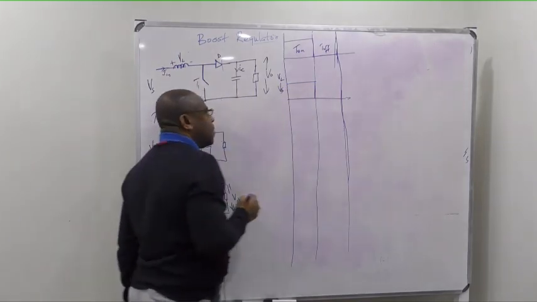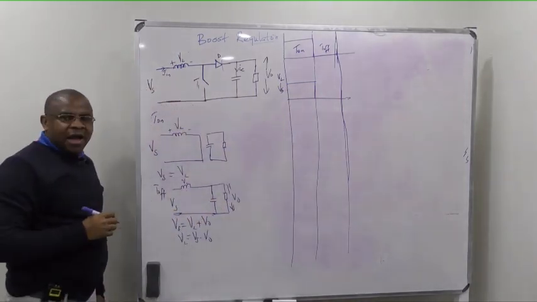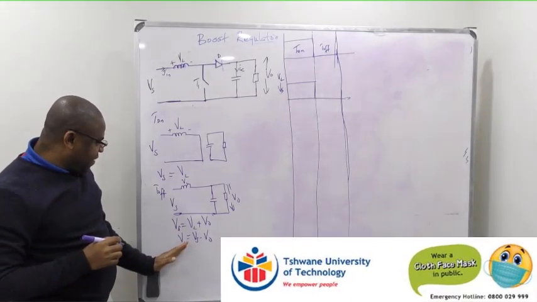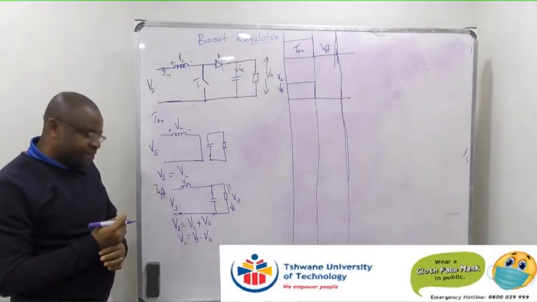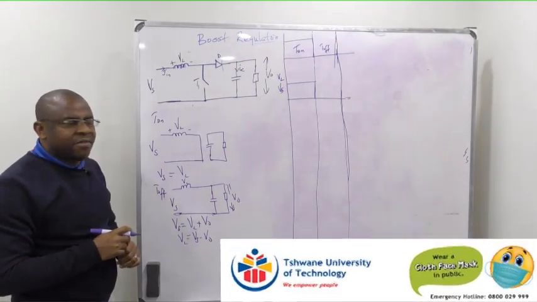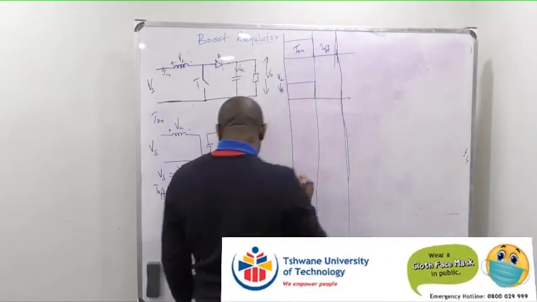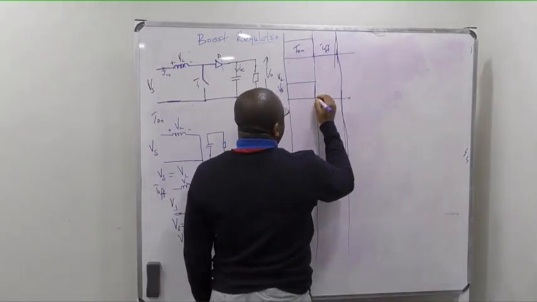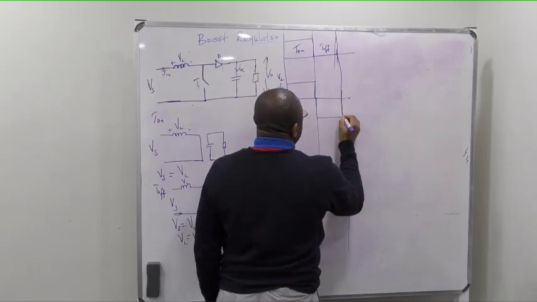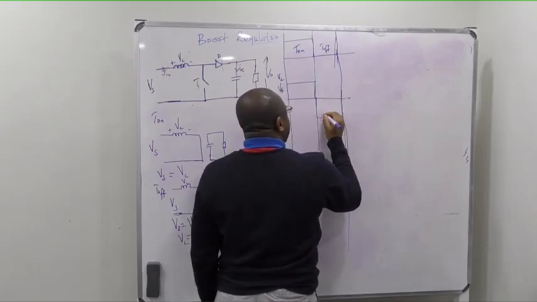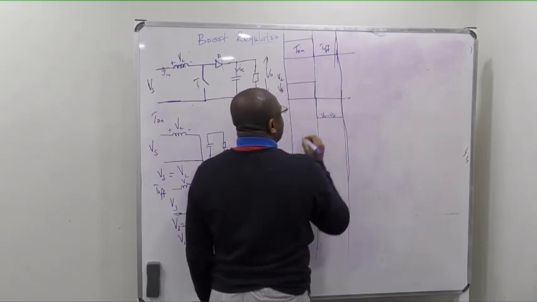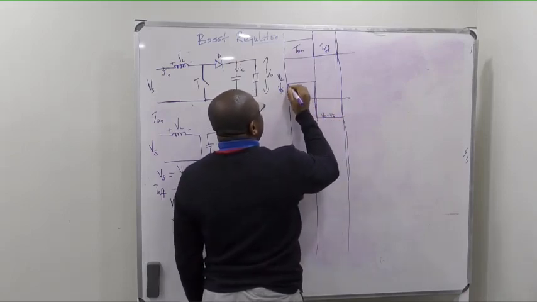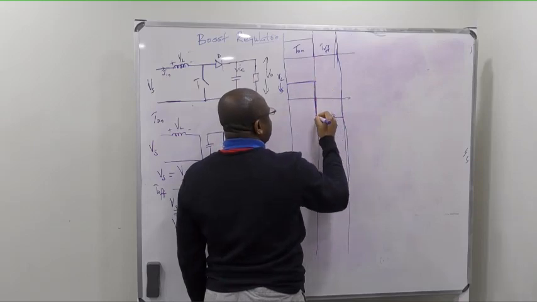And then at time of off, the voltage across the inductor will be Vs minus VO. So the voltage across here will be Vs minus VO. All right, this is our voltage there. So you have it like that.